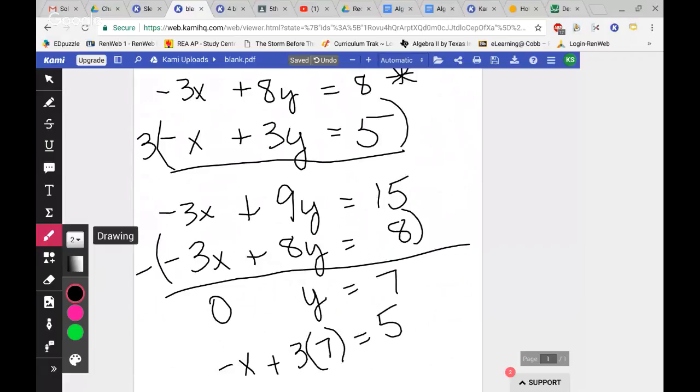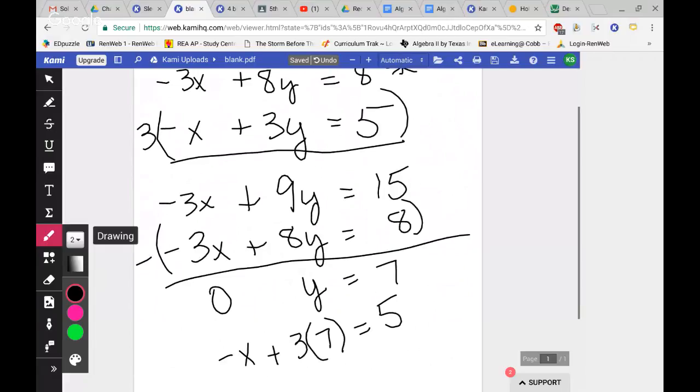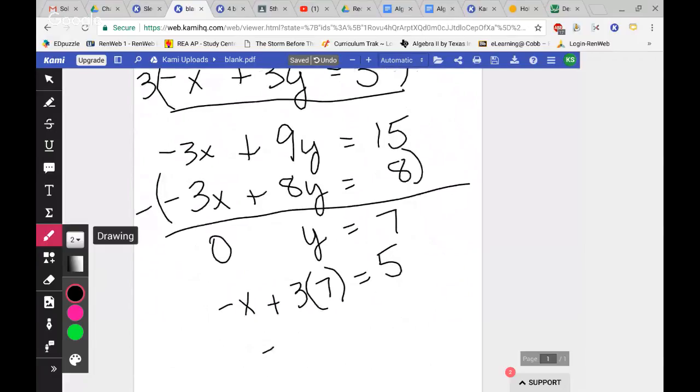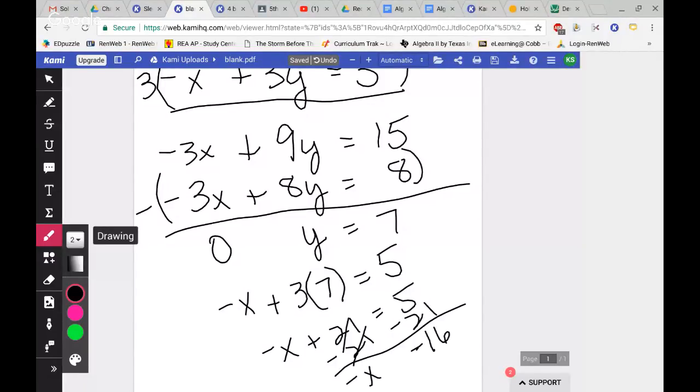Because I substitute in the value of y where there's a y. So I've got negative x plus 21 equals 5. Now I'm going to subtract 21 from both sides. That's going to give me a negative 16. So I've got a negative x equals a negative 16. If I divide both by negative 1, x equals 16.